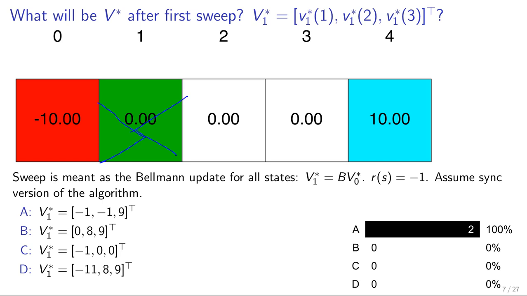We get a -10, which is the value of the neighbor. Rather than going recursively into the values, we just use the value that is there, which is the initial value, plus the living penalty, which was -1. So that gives us -10 and -1.